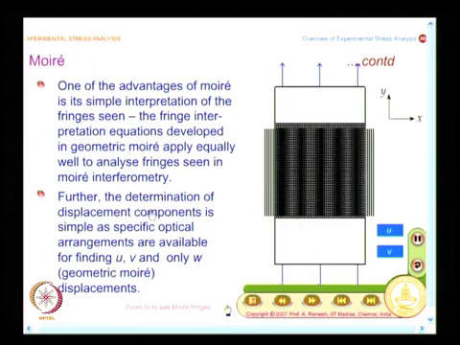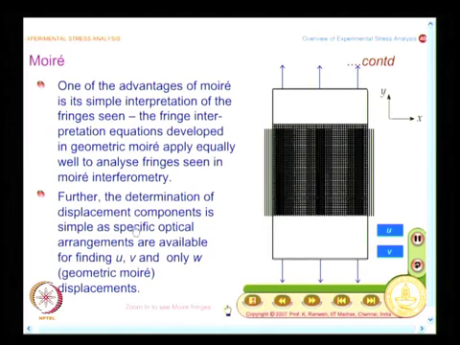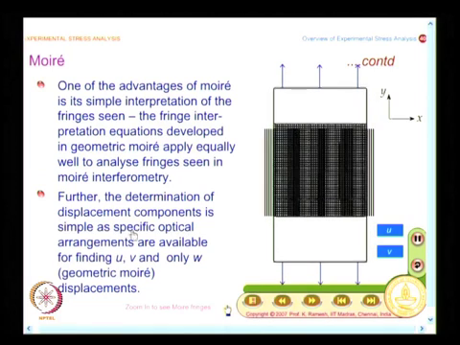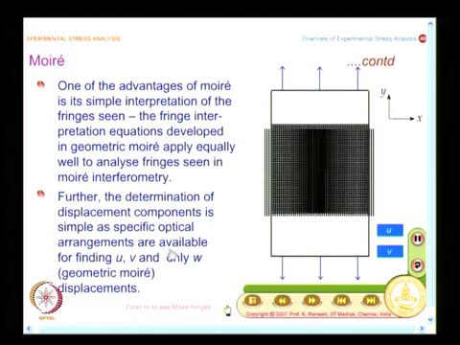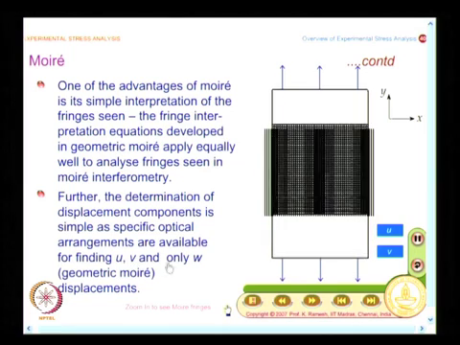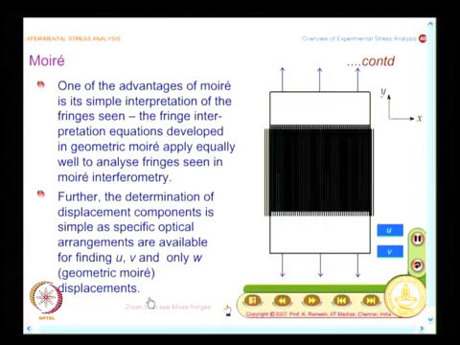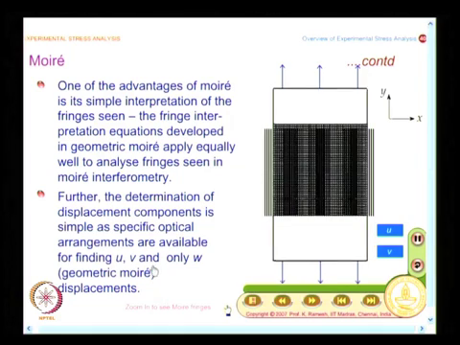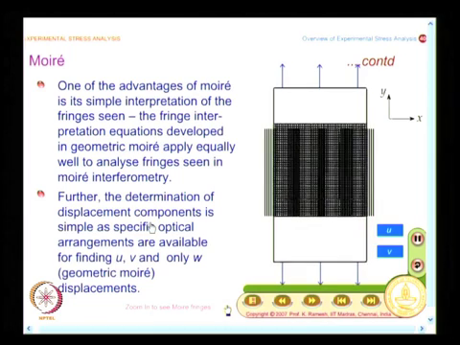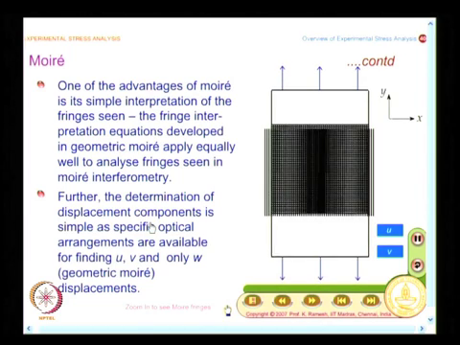So, what you find here is the determination of displacement components is simple, as specific optical arrangements are available for finding U and V displacements. Moiré interferometry gives you only U and V displacement.